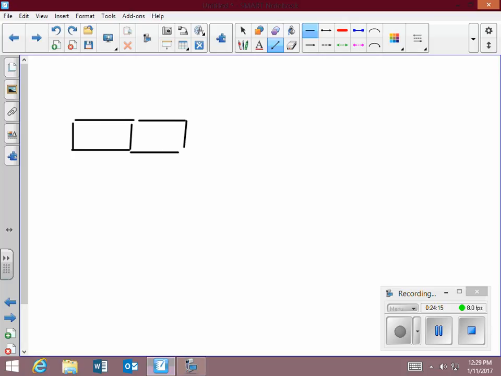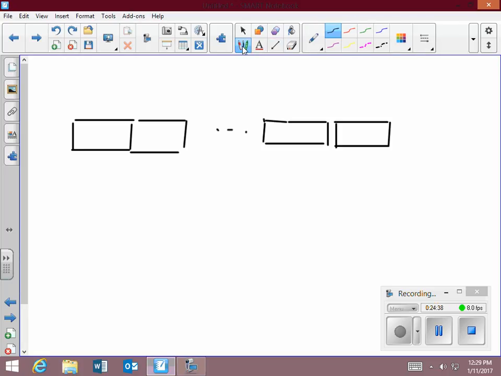And then there's these in between on the tables. So what you have is this table right here will have 9 on it, right? 4 and 4 and 1 on the end.